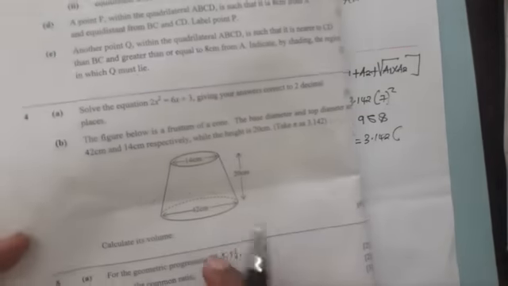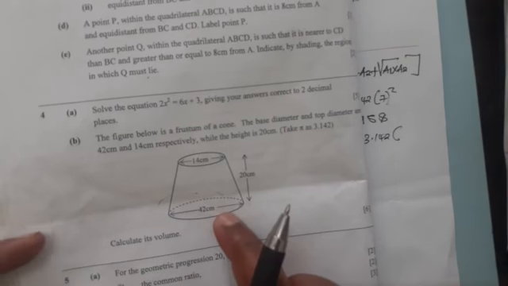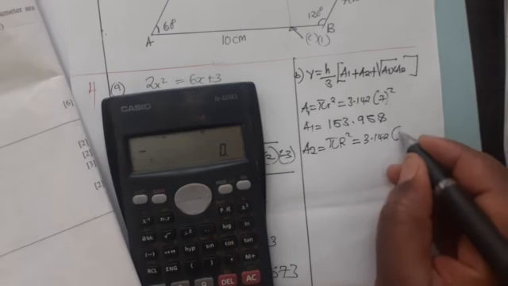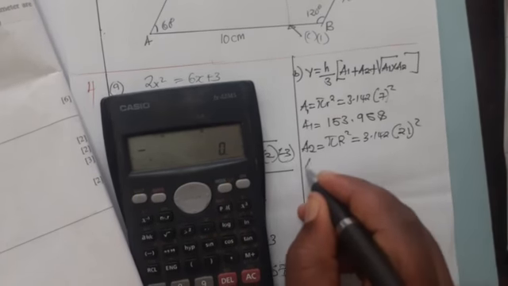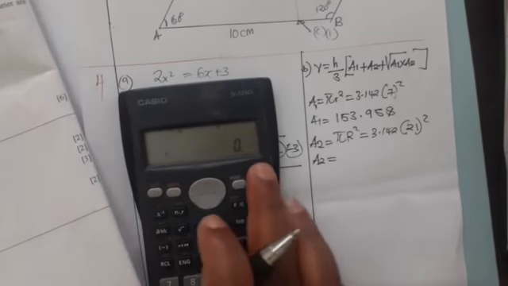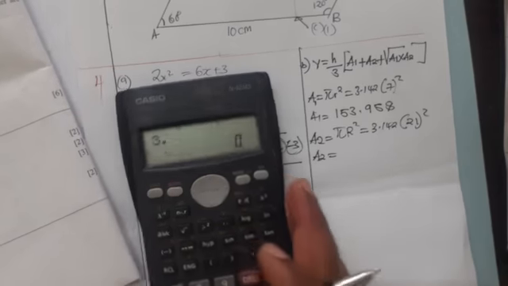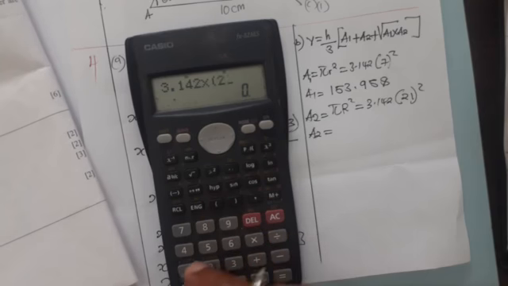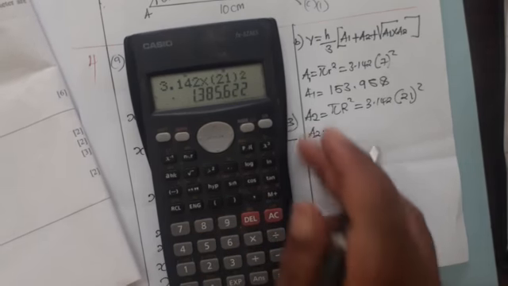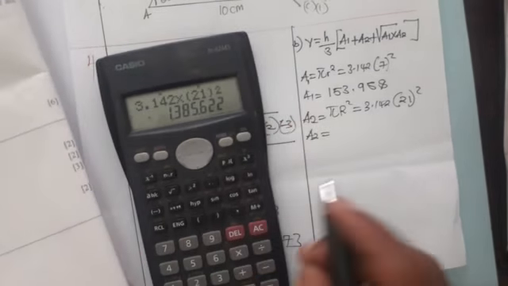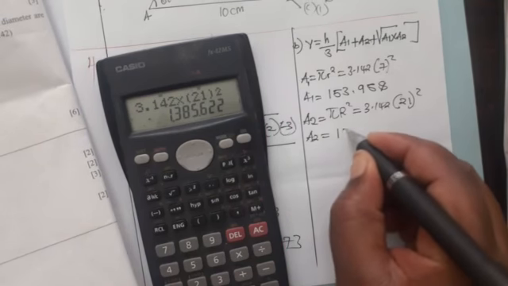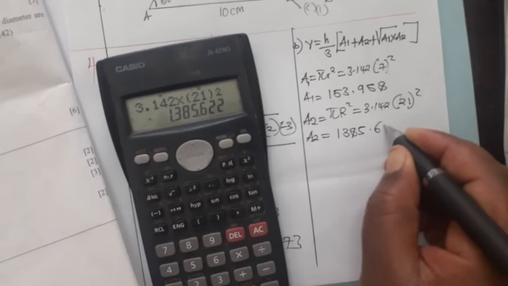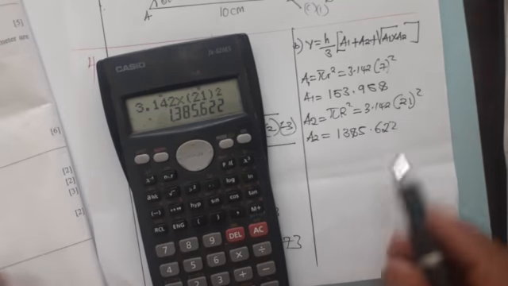Our diameter is 42, so what is half of 42? 21. So we say 21 squared. A2 is equal to 3.142 times 21 squared. We get 1385.622.